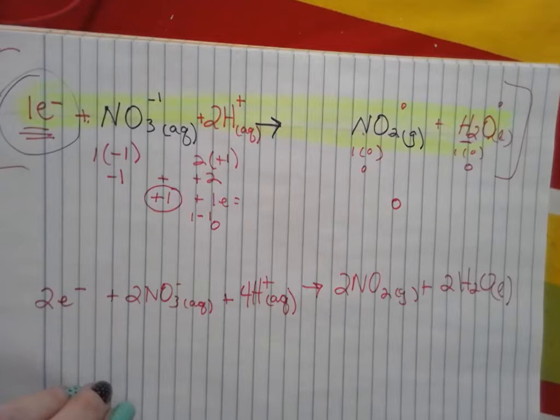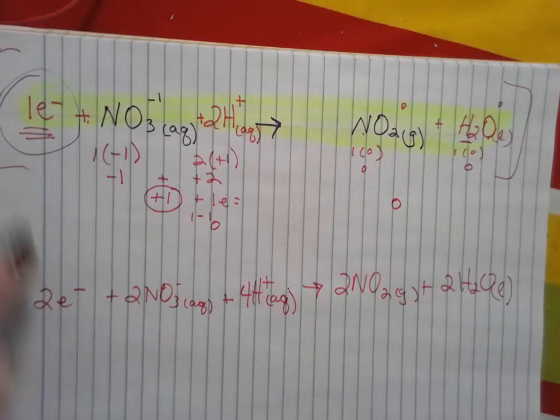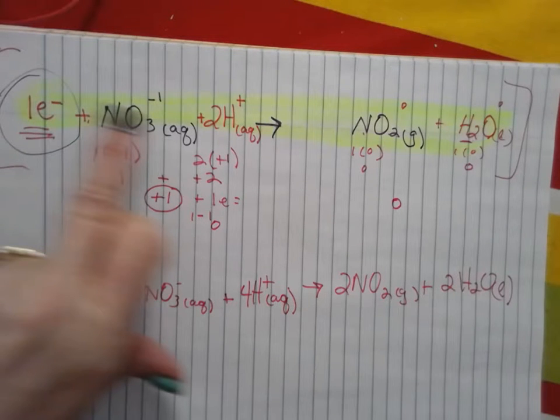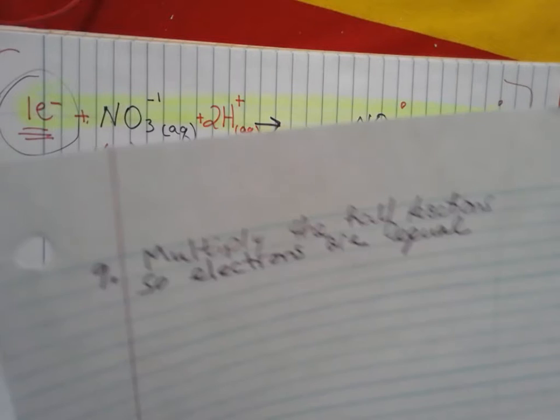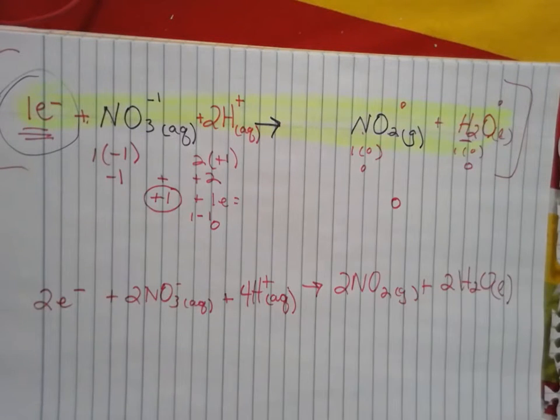Okay. So all I did was multiply everything by 2. So I have 2, 2, 4, 2, and 2. Step 10 is I'm going to add the half reactions together.